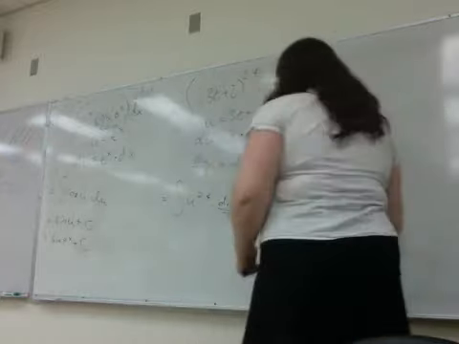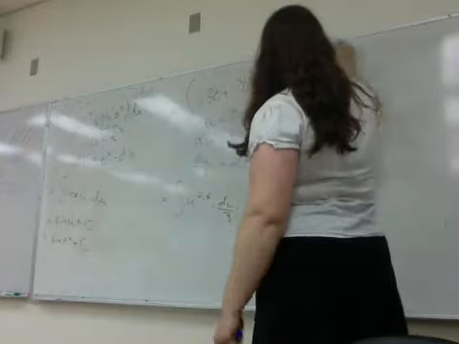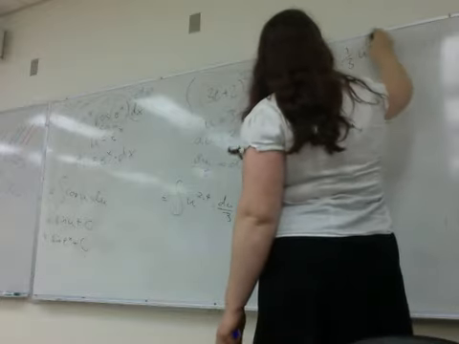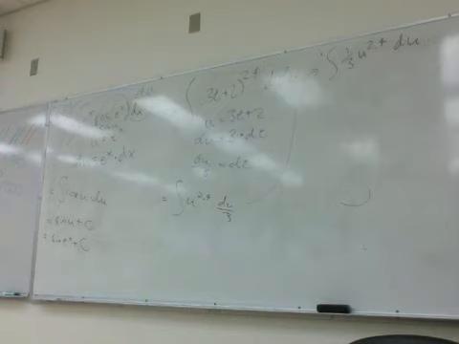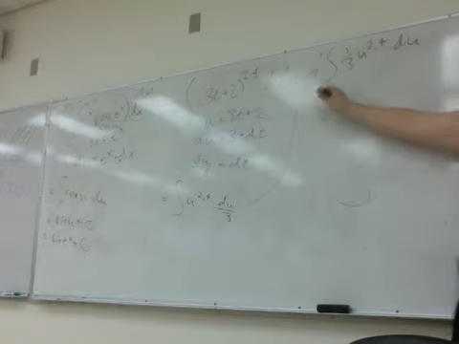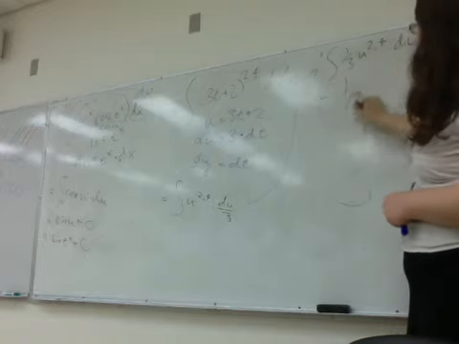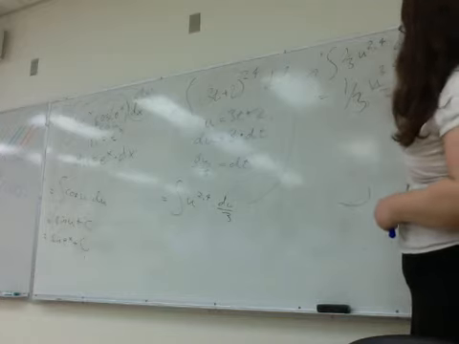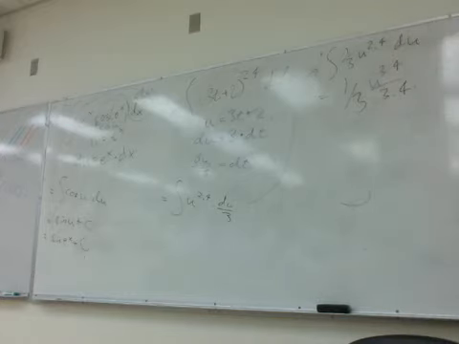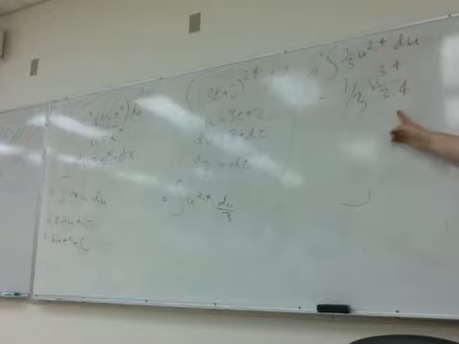Now dividing by 3 is the same thing as multiplying by 1/3. So we can also write the integral this way: 1/3 times the integral of u to the 2.4 du. And now this should be easy to see how you integrate. The integral of u to the 2.4 is u to the 3.4 over 3.4. Right? You add 1 to the exponent, divide by the new exponent.